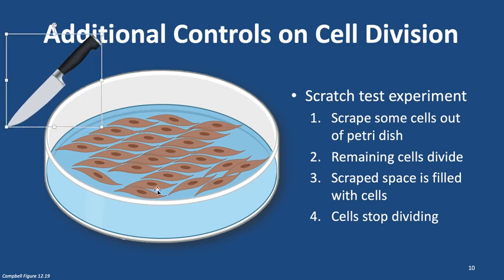And that's going to damage the cells that are at the center where you've scraped. It's going to provide some room and reduce the contact inhibition. And so what happens in a normal set of cells is that they will divide until they are once again all butt up against each other. And once that happens, they should stop dividing if they're normal cells.